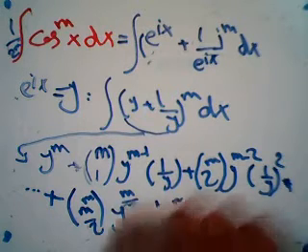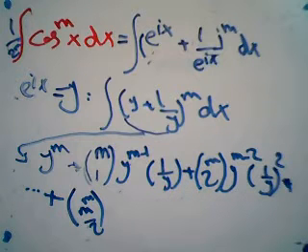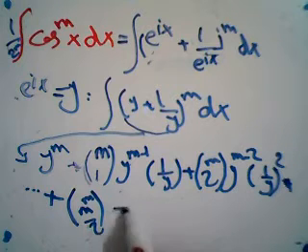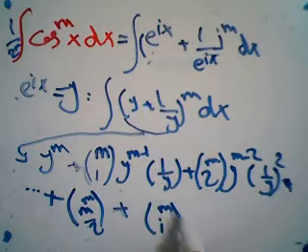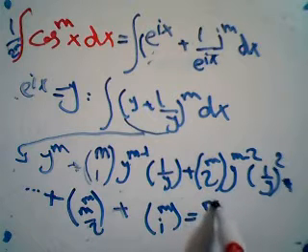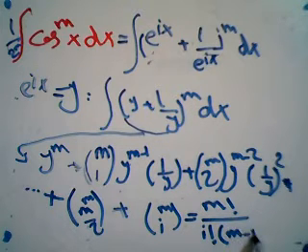The middle term is this, and the coefficient equals n factorial over i factorial times n minus i factorial.